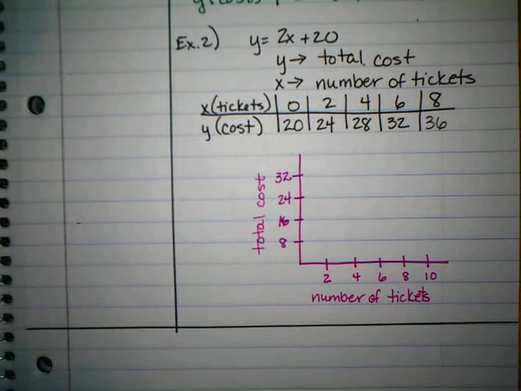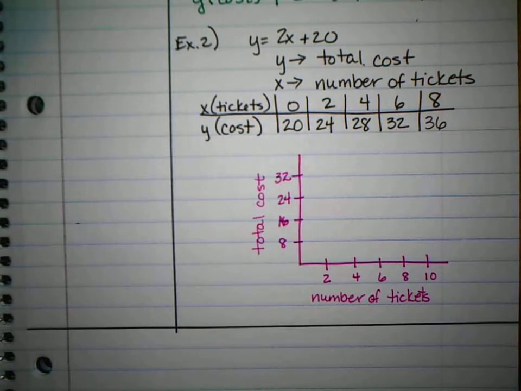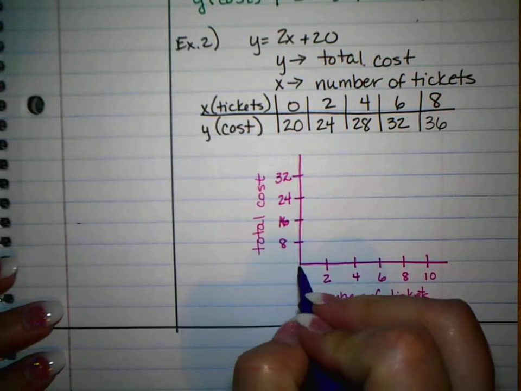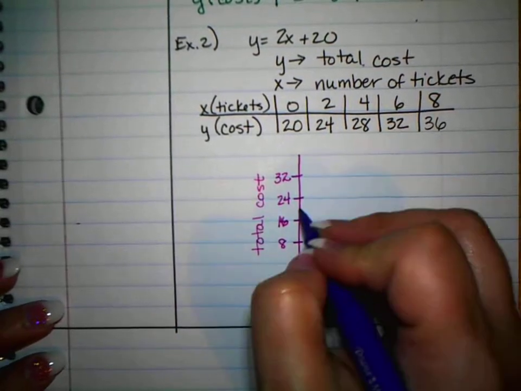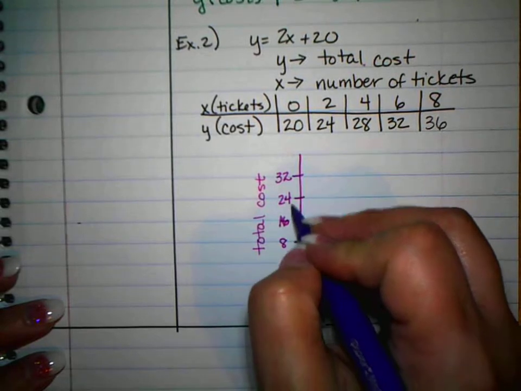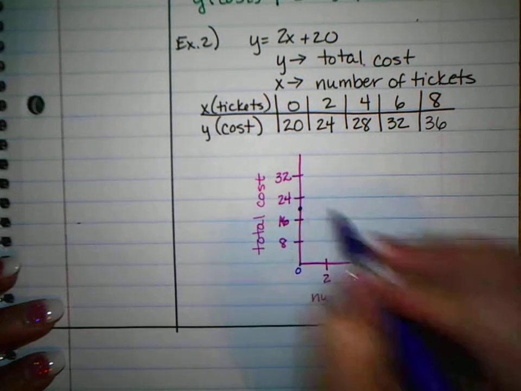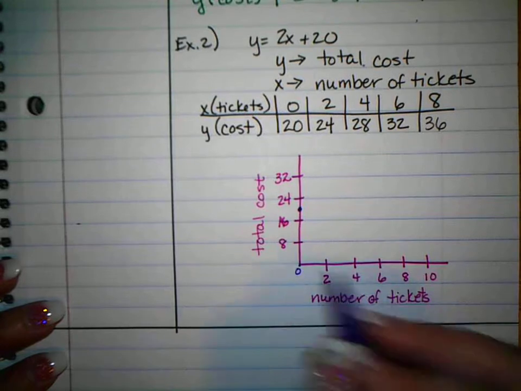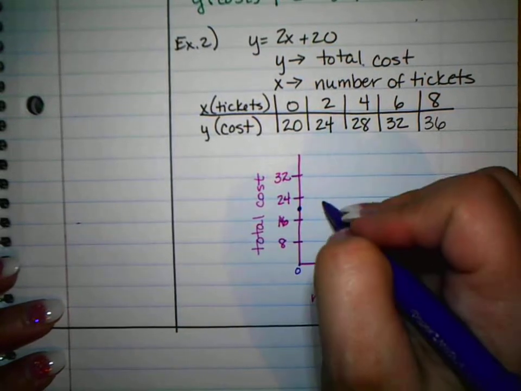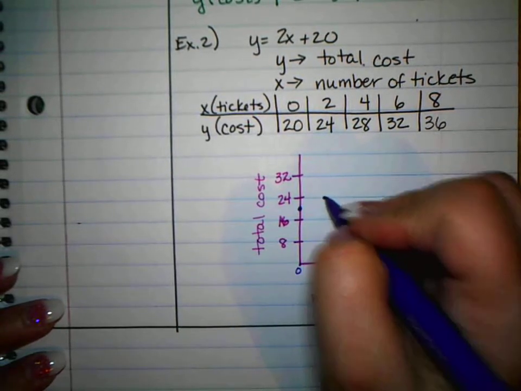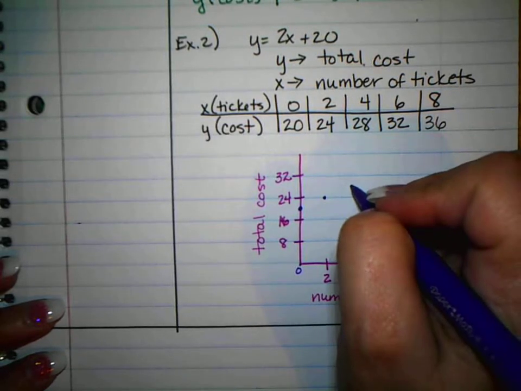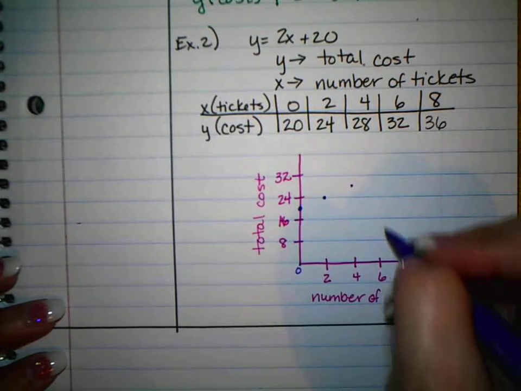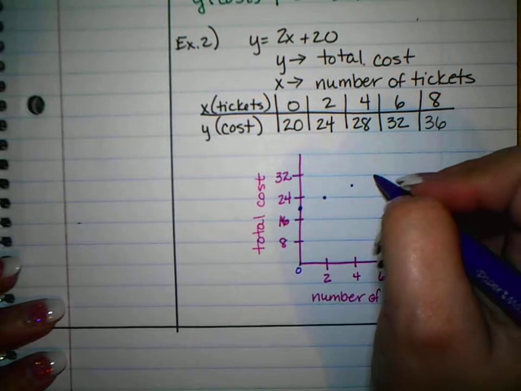And I'm going to start plotting those points. So I have 0, which by the way is right there, is $20. Well, that's going to be halfway between 16 and 24, so there's my point. For 2 tickets, then we spend $24. 4 tickets is 28. 6 tickets is 32.